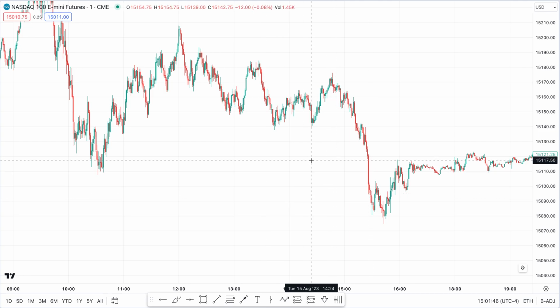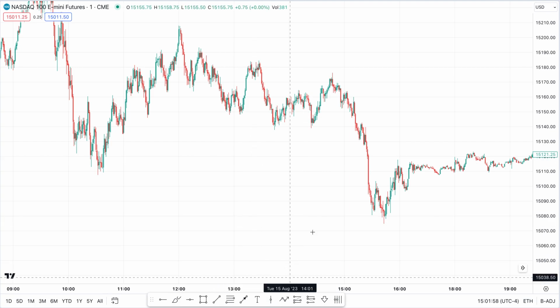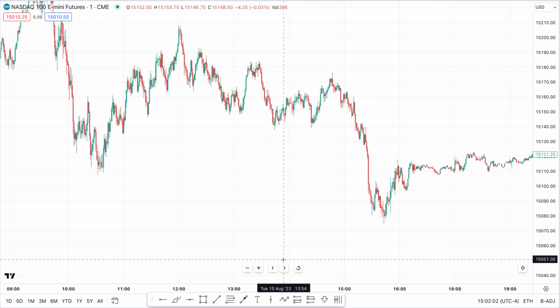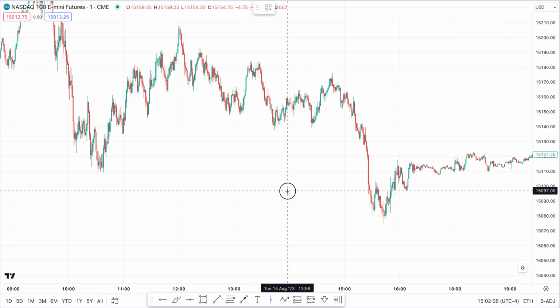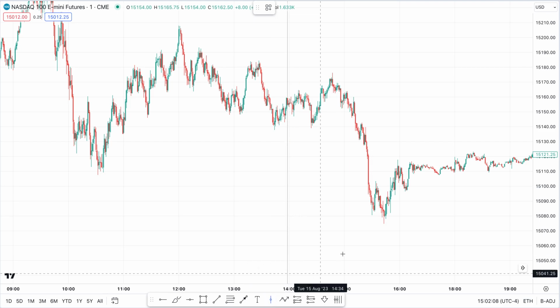So we're going to be looking at Tuesday 15th of August. And the time will be from 2 o'clock. These are the times for entries. So 2 o'clock till 3 o'clock.